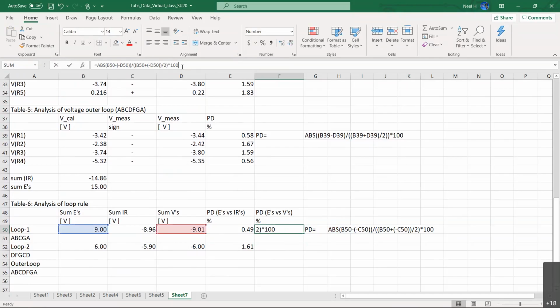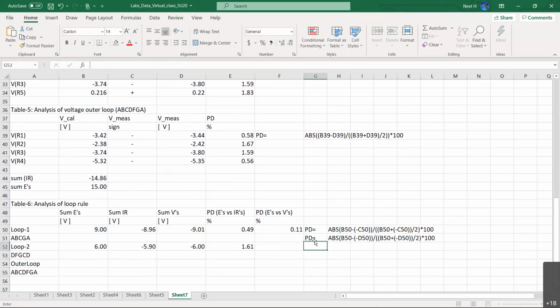Let me copy paste that also. That is actually the percentage error for the second one, okay, percentage difference.